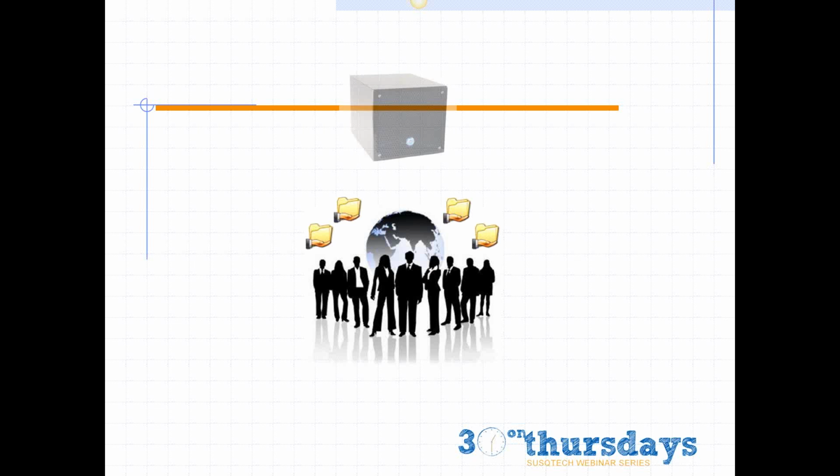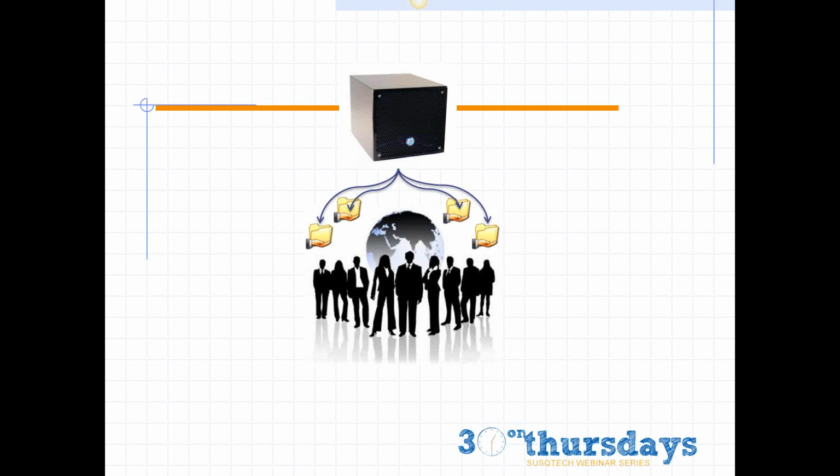And when we share all that information, it's all communicated through some type of server or like mystery box that's just out there. And that box could be in the corner of your office in a closet. It could be out in a hosted environment. It could be anywhere.